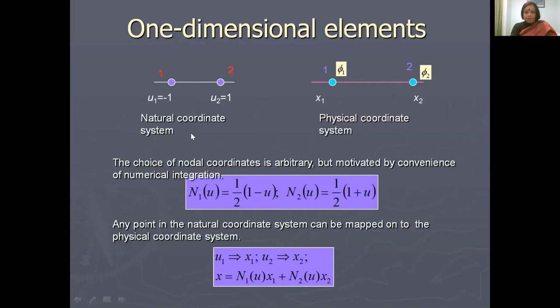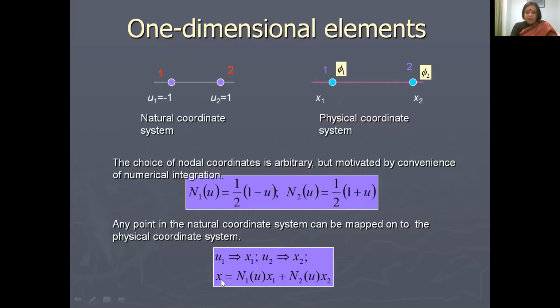Now, how do you decide? At the moment you don't decide, I tell you a priori, use this mapping function. N1 as a function of u is equal to half 1 minus u. N2 as a function of u is equal to half 1 plus u.